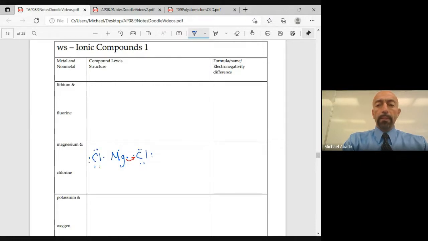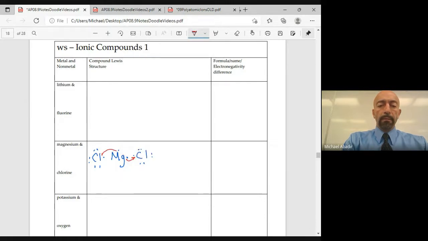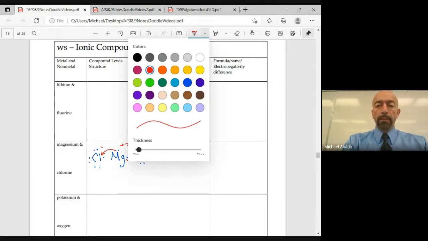So if you drew that here and you gave that electron away, now the magnesium is going to have a charge of +2 after it loses 2 electrons, and each chlorine is going to have a charge of -1.